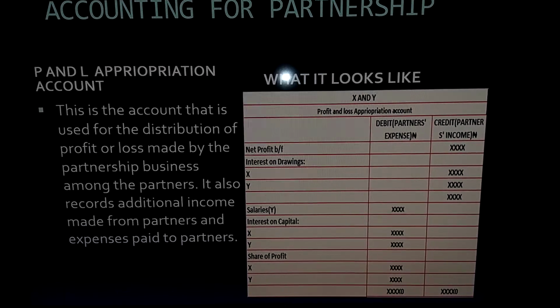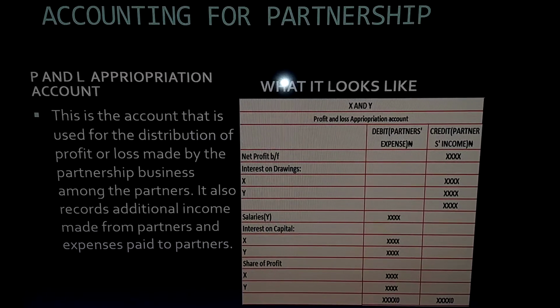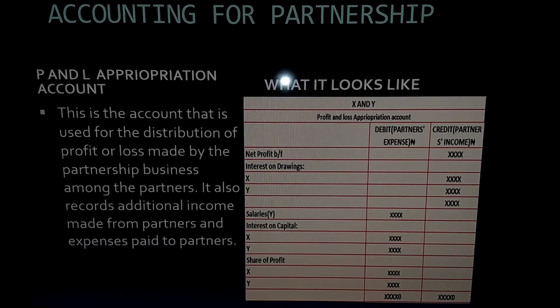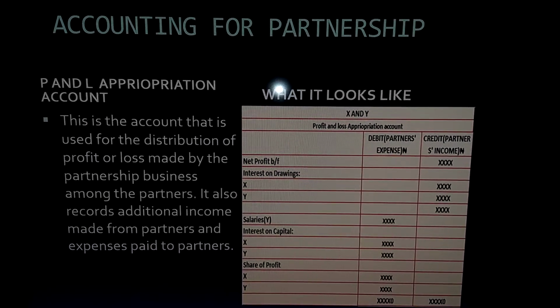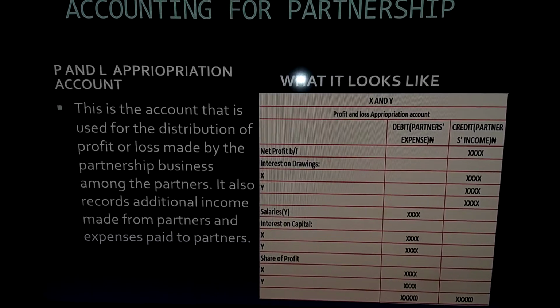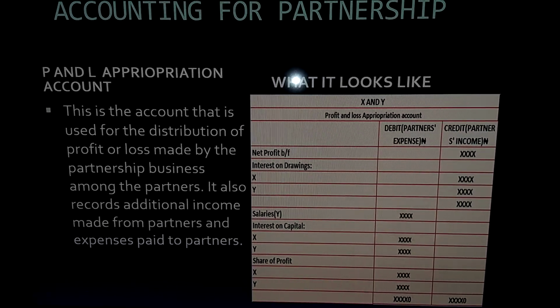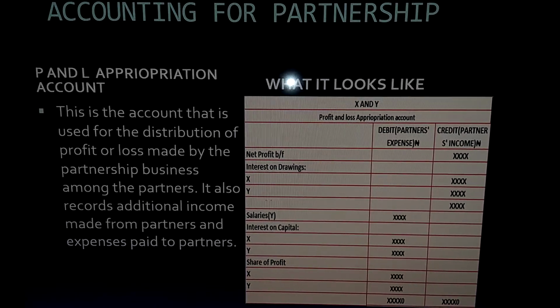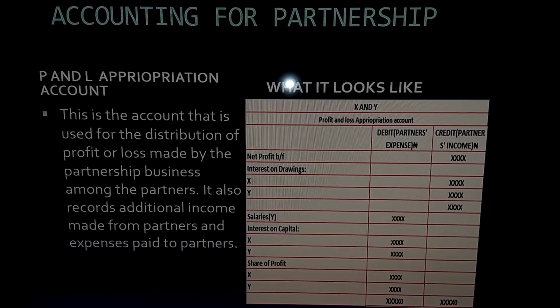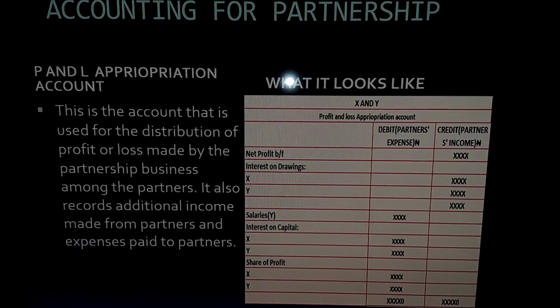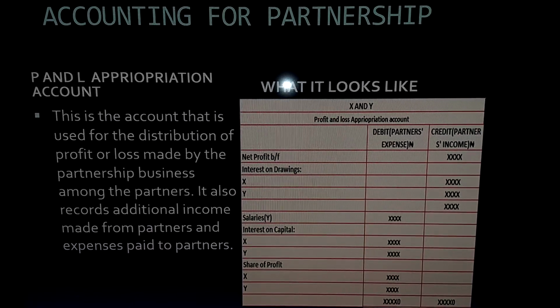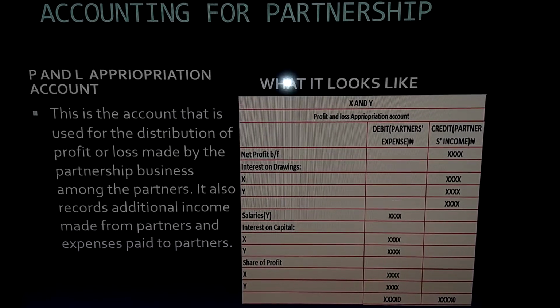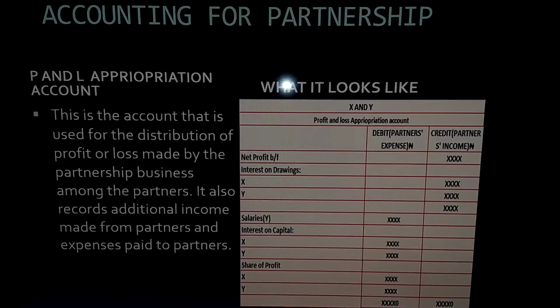So the net profit is divisible among the partners. So the account in which we show how the net profit is apportioned among the partners is the profit and loss appropriation account. So in the profit and loss appropriation account, the profit divisible among the partners is stated or shown there.